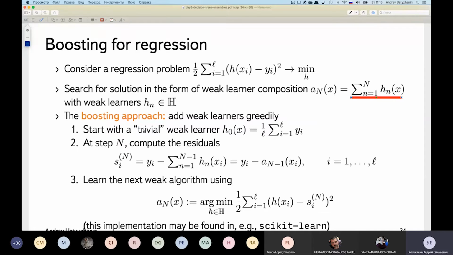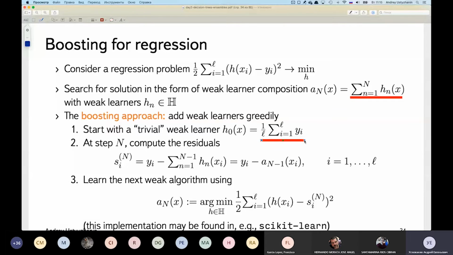We start with a weak learner that is essentially the mean value of the labels of our training sample.